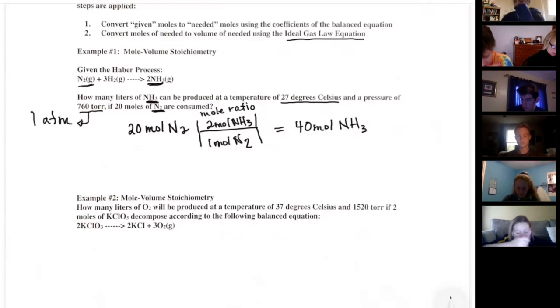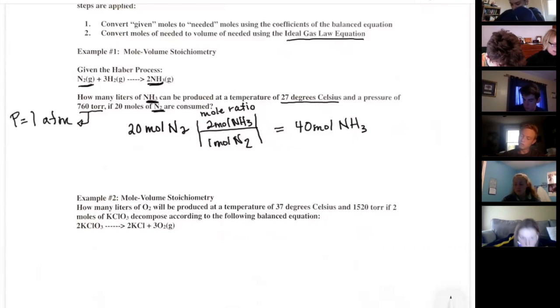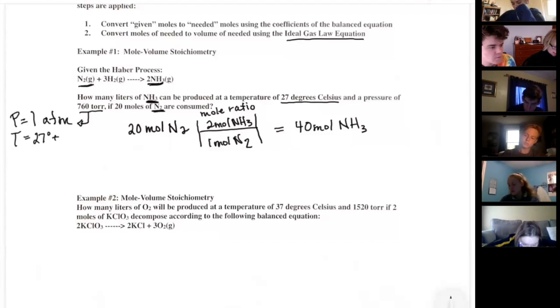Okay, so we have 1 ATM. That would be our pressure. So that's satisfied by the STP values, right? That's equivalent. So look at the temperature. It's 27 degrees Celsius, which we add 273. That's 300 Kelvin. So it doesn't satisfy our STP.